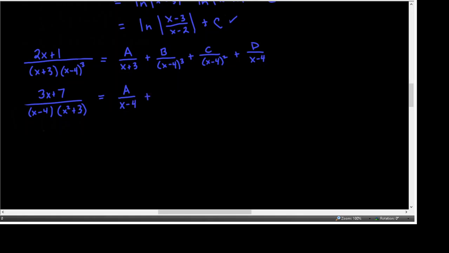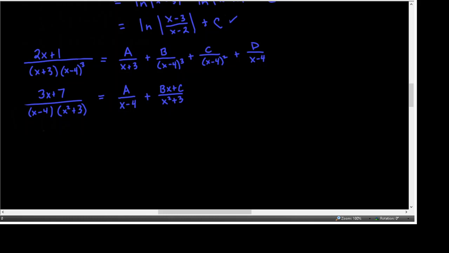But what changes over here is if this is quadratic and prime, then we have to allow for every power up to 1 less than the denominator power. In other words, if this is quadratic power 2, I need to allow for a linear term and a constant. So the power of the denominator there is 2. 2 minus 1 is 1.